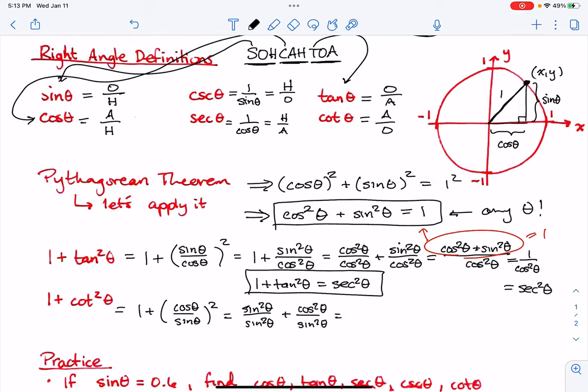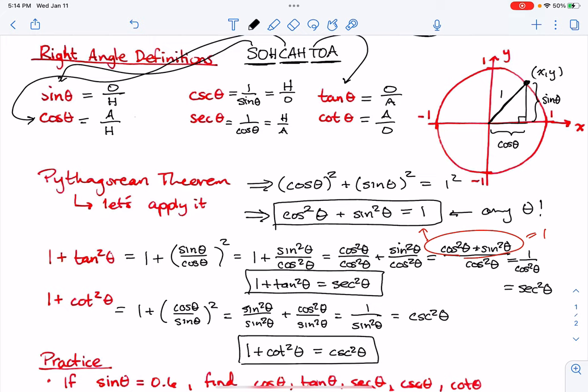The same kind of thing happens: we have sine squared plus cosine squared, which makes the numerator 1. On the bottom, we have sine squared theta, and that's cosecant squared theta. So this identity says that 1 plus cotangent squared theta equals cosecant squared theta. Boom. Just by using the Pythagorean theorem and manipulating some expressions, we got 2 more identities for free. And we're going to see a lot more where that came from.